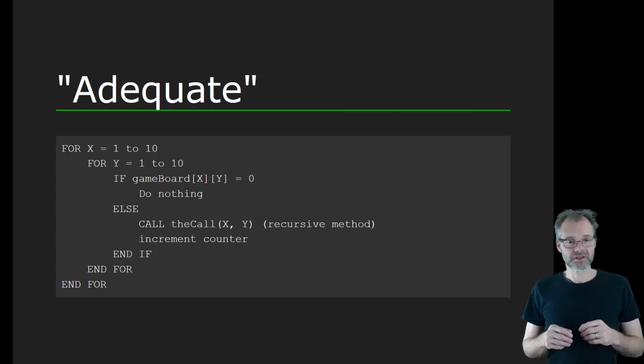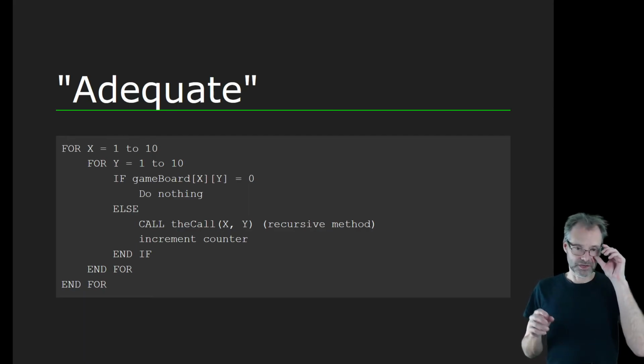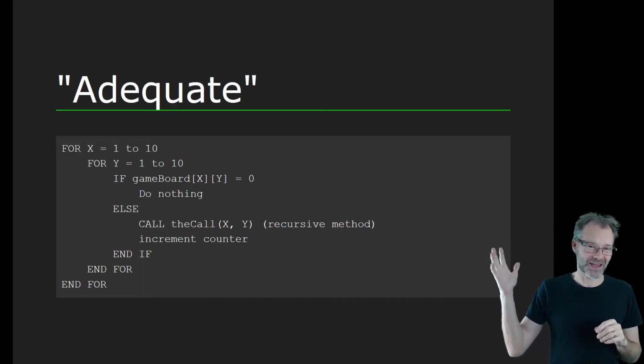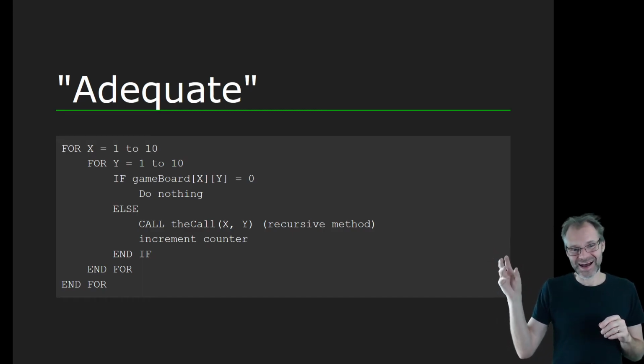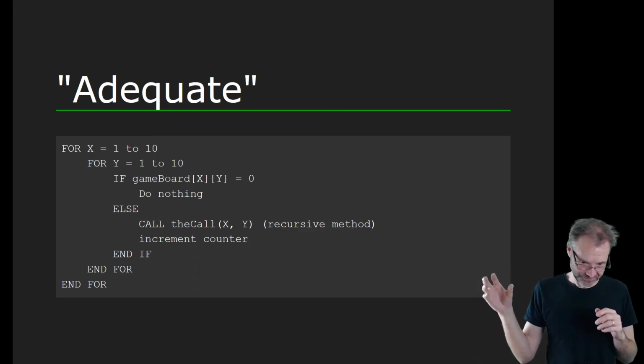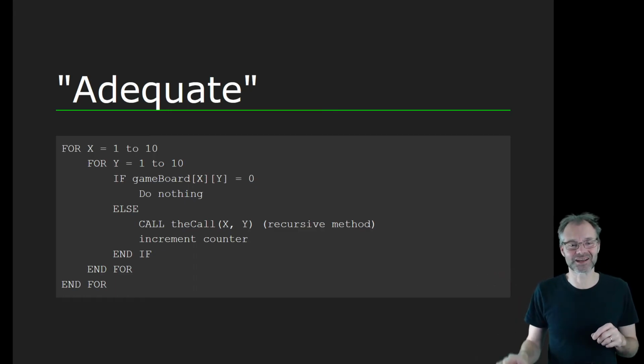So if we put all this together into some examples, the article author is saying that this is adequate, it's okay. I assume he thinks that we're going a bit deep into the programming language here. It's for x equals 1 to 10, but it's still okay, it's adequate.